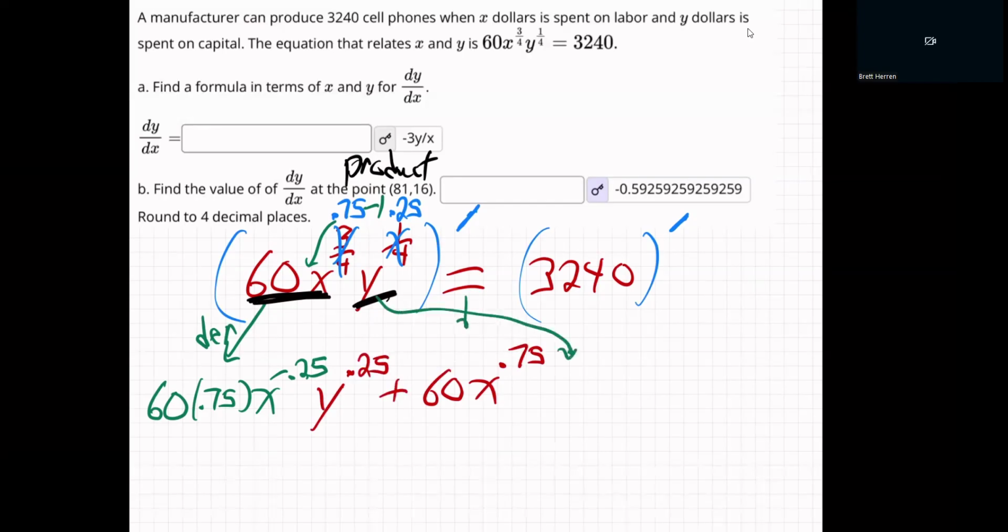What's the derivative of y to the 0.25? The 0.25 comes down, and then subtract 1 from the power: a quarter minus 1 is minus 0.75.